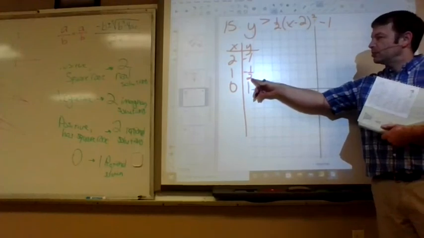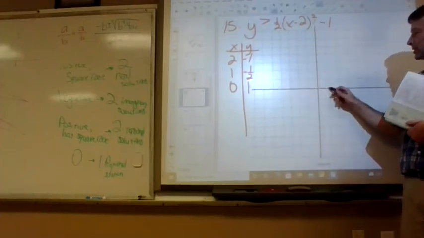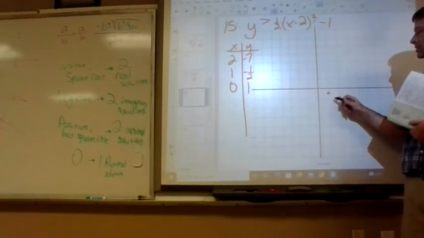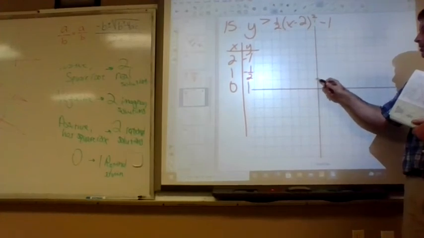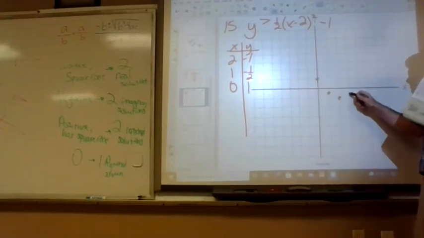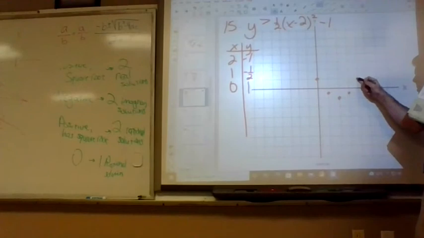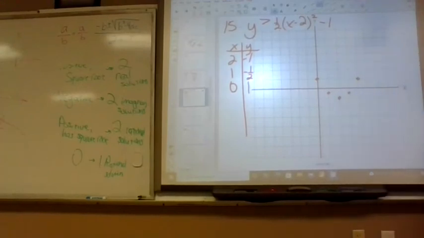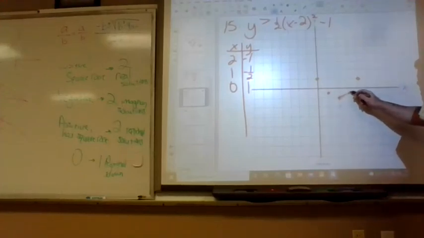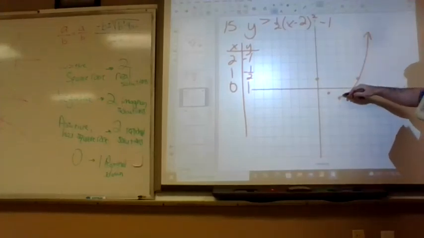So I'm graphing (1, -1/2) and (0, 1). And then the twin image. So it's a little bit broader.